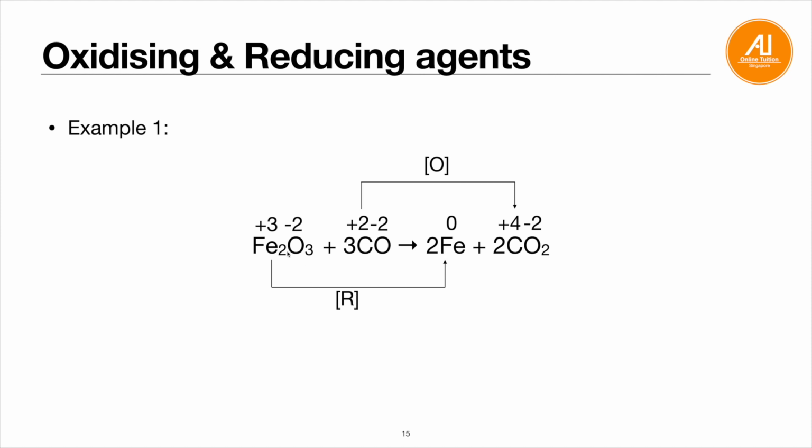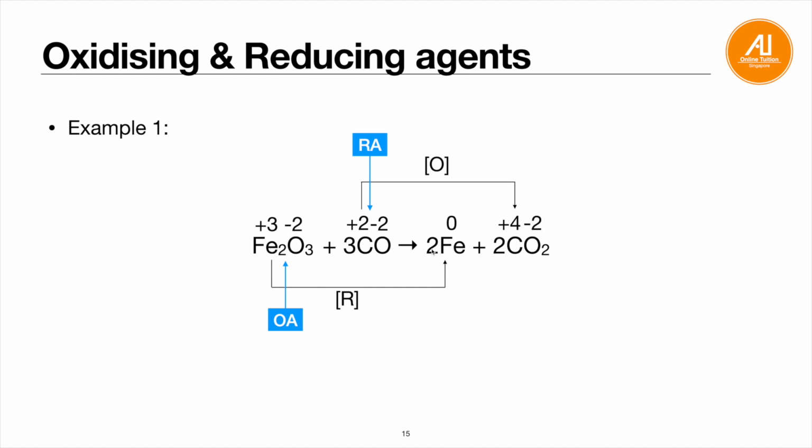So if Fe2O3 is reduced, it is an OA, because it itself gets reduced, but it oxidizes CO. You realize CO here is actually oxidized into CO2. So if Fe2O3 is an OA, CO will be an RA, a reducing agent, because it itself is oxidized, but CO actually reduces Fe2O3 to Fe.